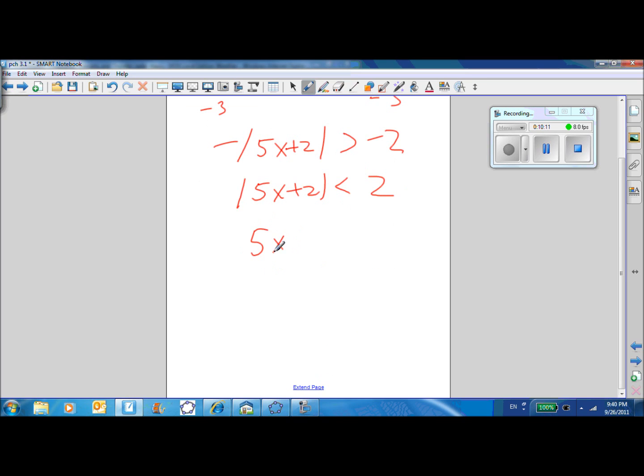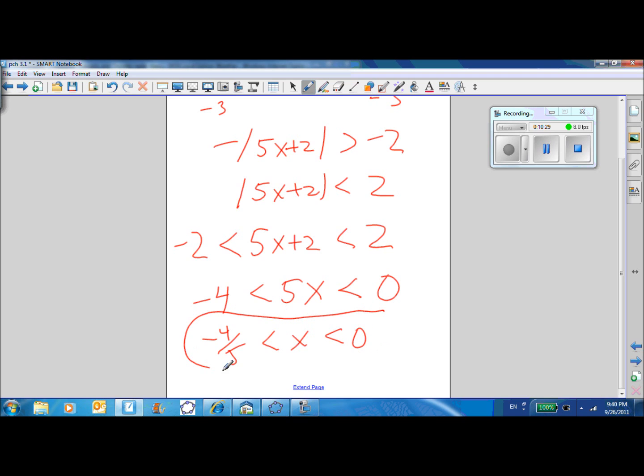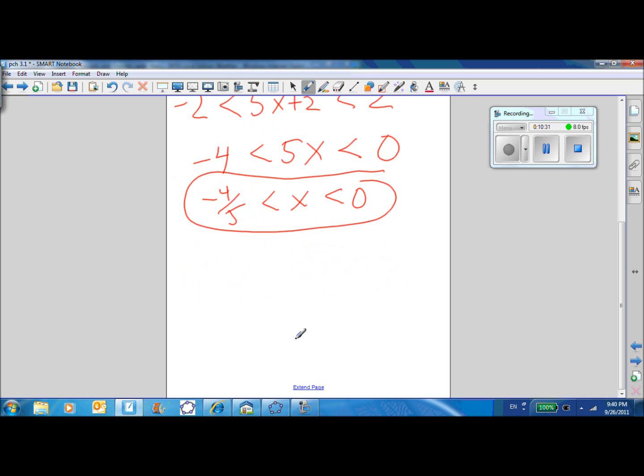Let's just put the 5x plus 2 in between what two extremes here? Negative 2 to 2. So subtracting 2 from all three parts, negative 4 is less than 5x is less than 0. And then dividing all three parts by 5, negative 4/5 is less than x is less than 0. Our solution is basically the set of points, the line segment from negative 4/5 to 0.